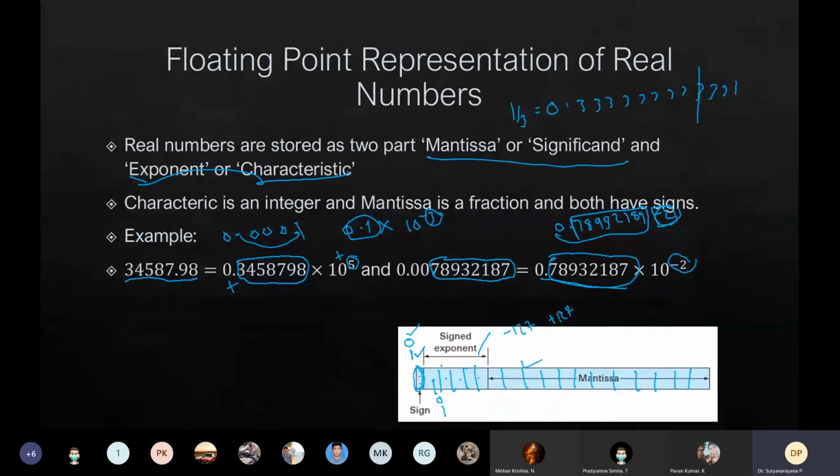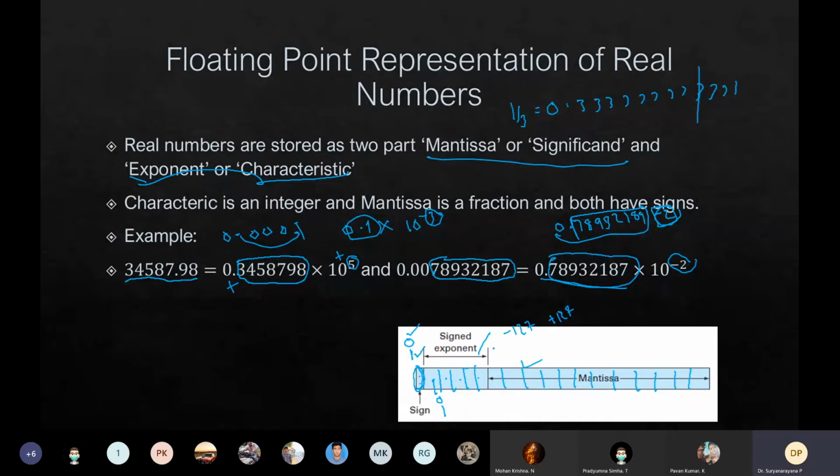If this is 8, that is the only range you can store. You cannot have a number with an exponent of negative 256, for example. There's always a limit, right? You cannot go wherever you want. You have to draw the line somewhere and say, okay, this is what I'm allocating, and whatever limitations it has, just understand the limitations. That thing has to be there.